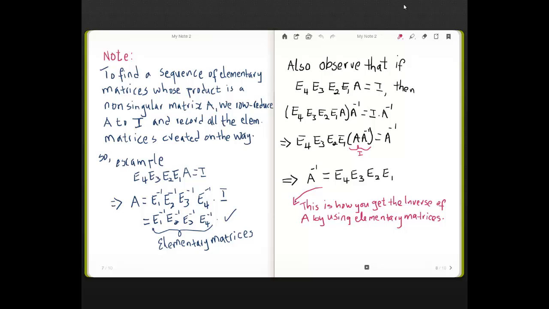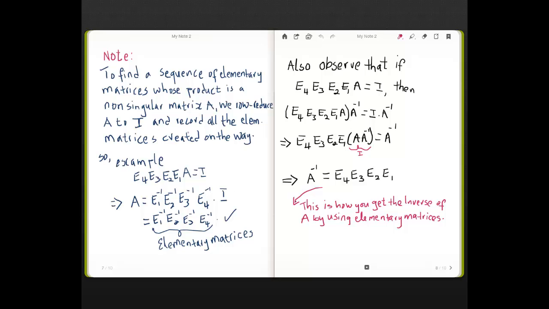Okay, so to find a sequence of elementary matrices whose product is a non-singular matrix A, what we do is we row reduce A to the identity matrix I, and we record all the elementary matrices created on the way.